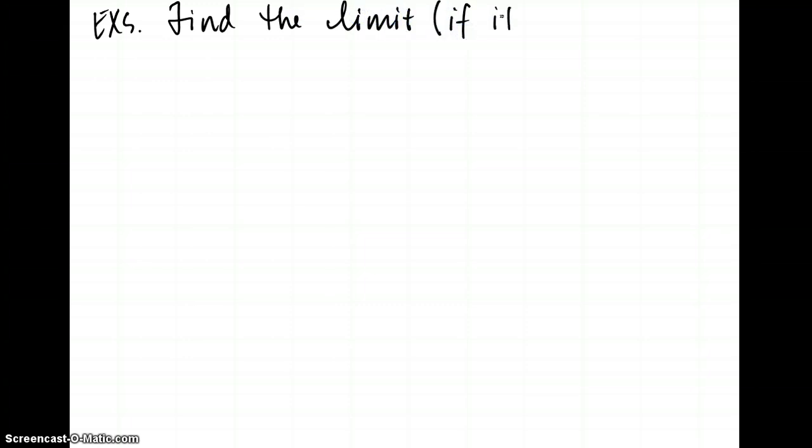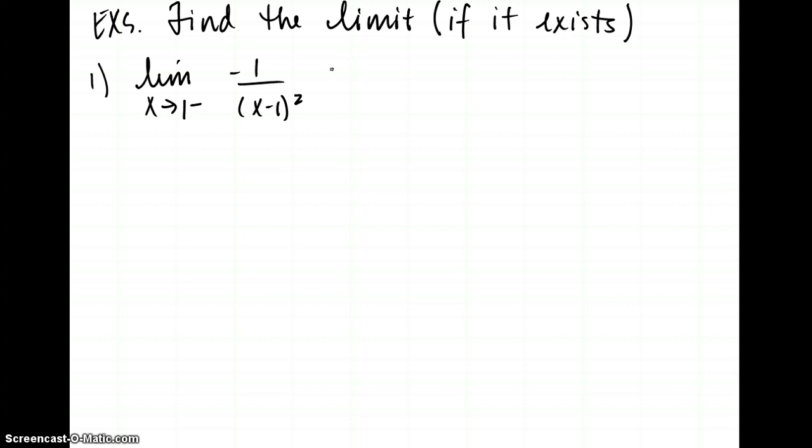Alright, now let's find the limit, if it exists, as x approaches 1 from the left-hand side.